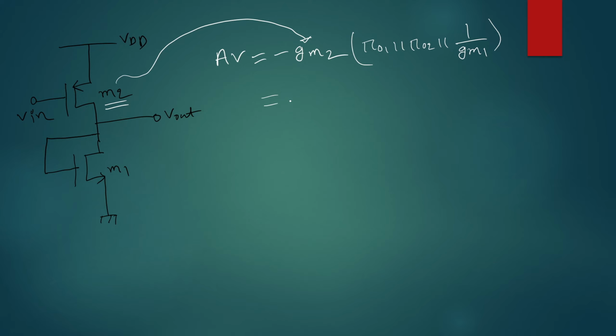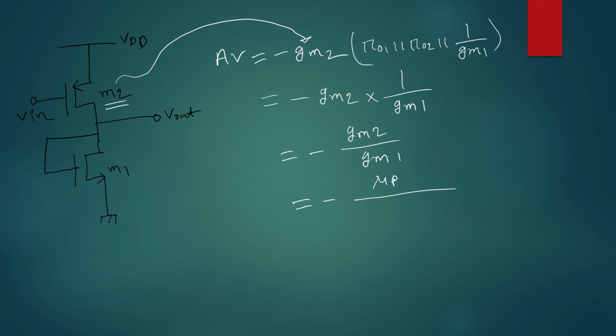If you neglect the channel length modulation, you get minus GM2 into 1 by GM1, which will be minus GM2 divided by GM1. And if you put the value of GM in this equation, finally you get mu P COX W by L of P divided by mu N COX W by L of N.